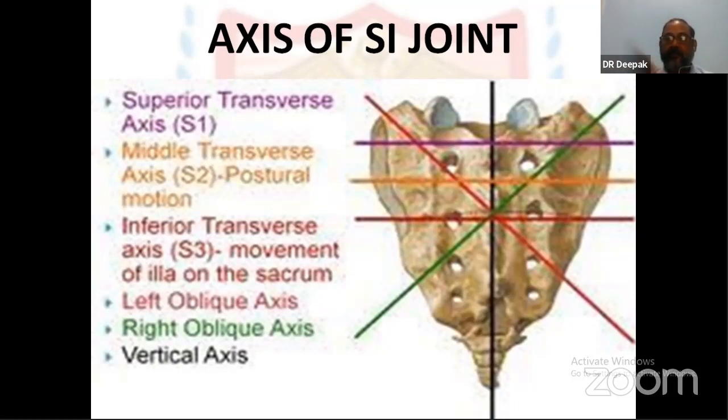Oblique means that we cut it obliquely. So right oblique axis, left oblique axis, and then the vertical axis between the two halves, right and left. That black line is the vertical axis. So 1, 2, 3, 4, 5, 6. There are 6 axes in the SI joint, so movement in 6 directions occurs in the SI joint.